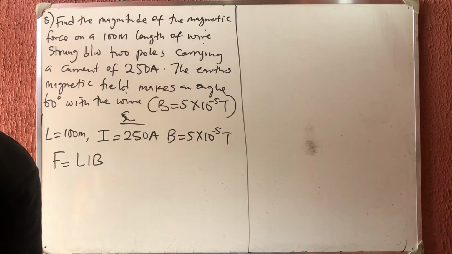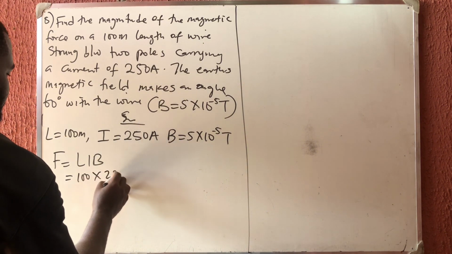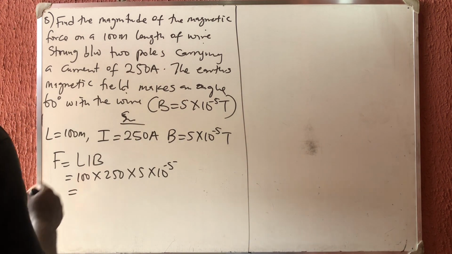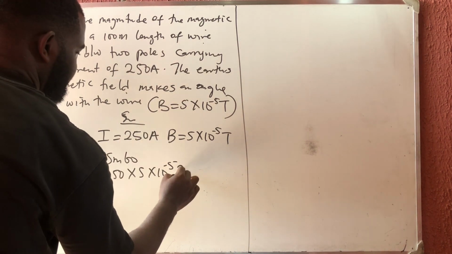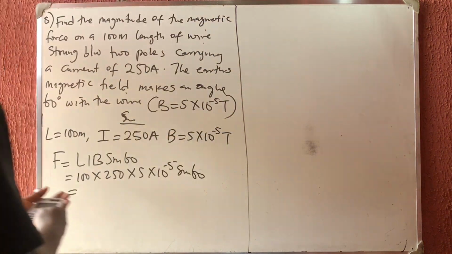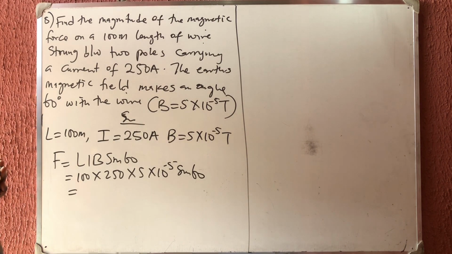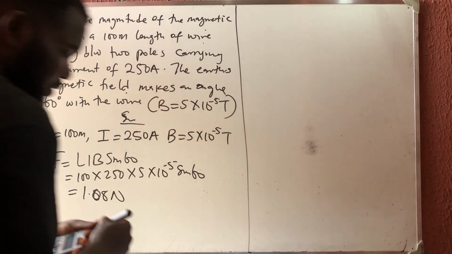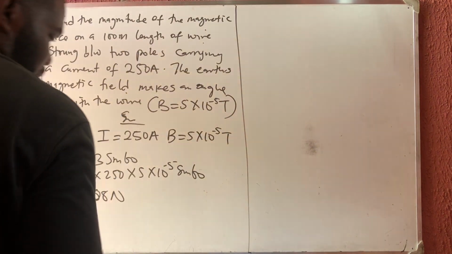I used to remember it with BIL. So that is 100 times 250 times 5 times 10 raised to power minus 5 times sine 60. So I'm going to have 1.08 Newton. Right? Very simple. We move to the next question.